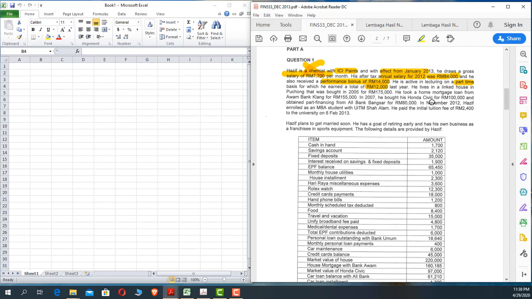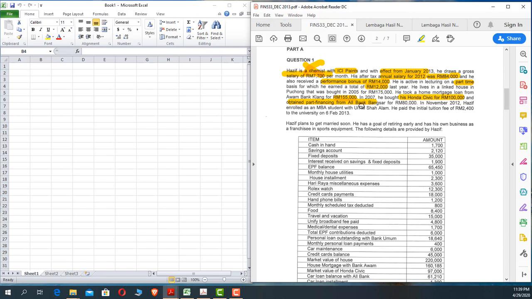Dia bagi tahu yang dia juga ada beli house, so in your report must be some of the asset, mesti ada house, and then dia akan bagi tahu ialah dia ambil loan ke atas house based on Awam Bank for RM 155,000, and also he bought a Honda Civic and obtained a finance from All Bank.